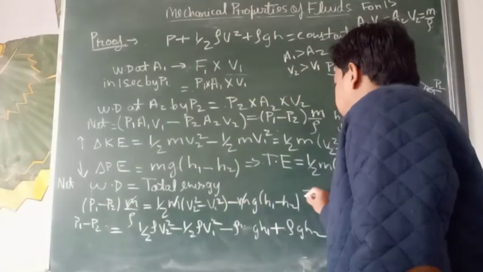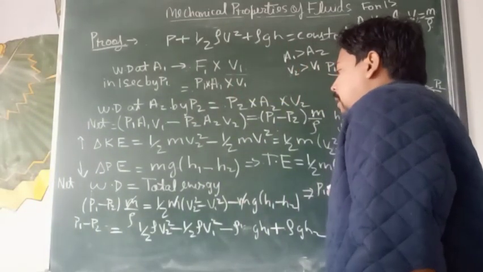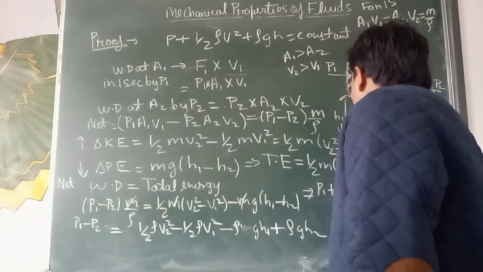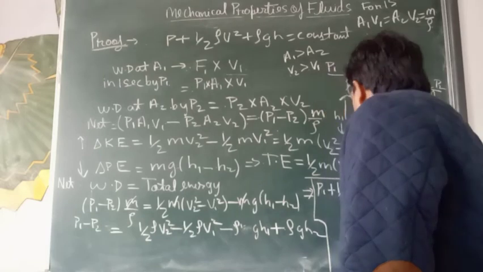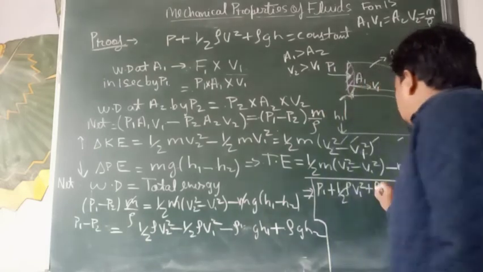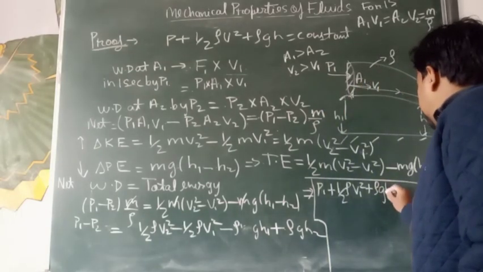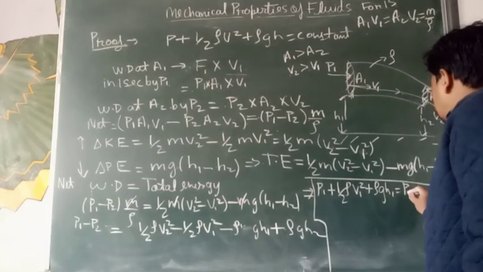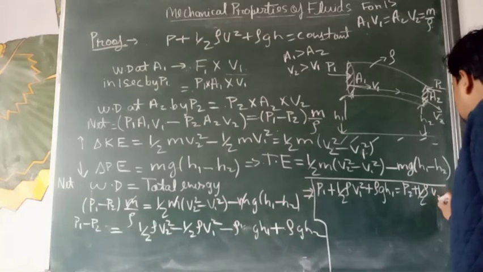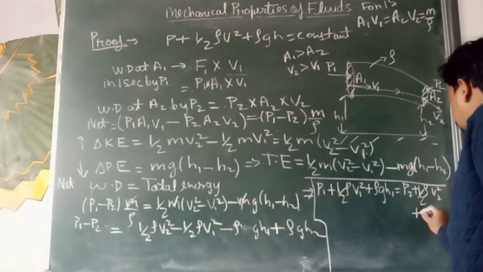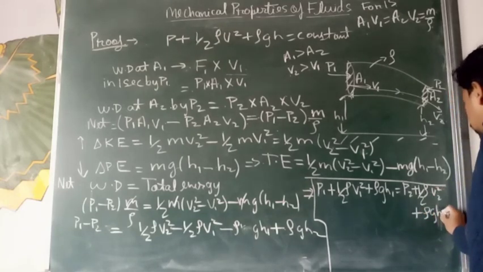From here we got this equation: P1 plus half rho V1 square plus rho g h1 is equal to P2 plus half rho V2 square plus rho g h2.